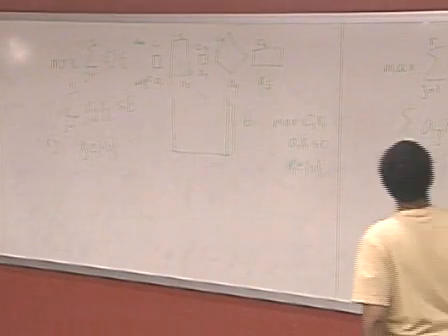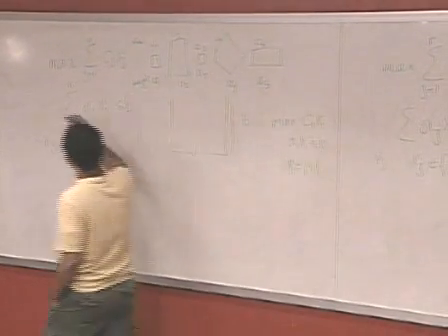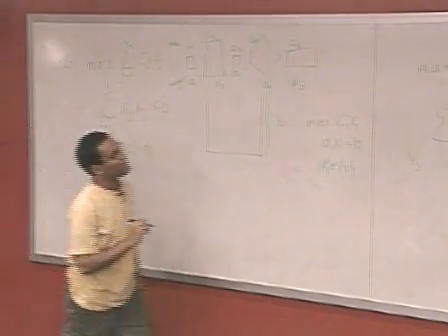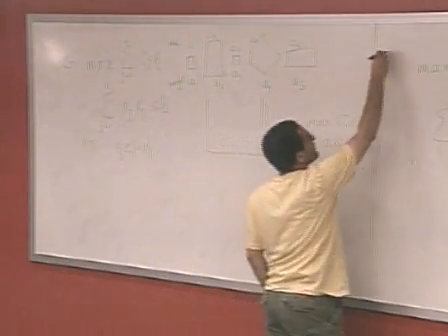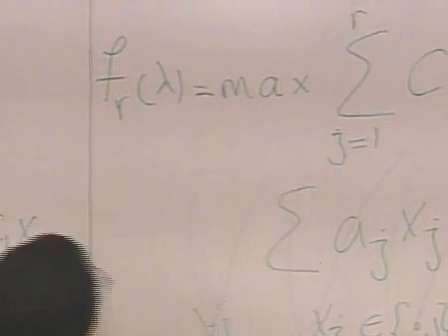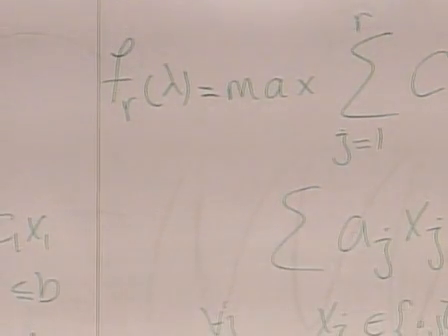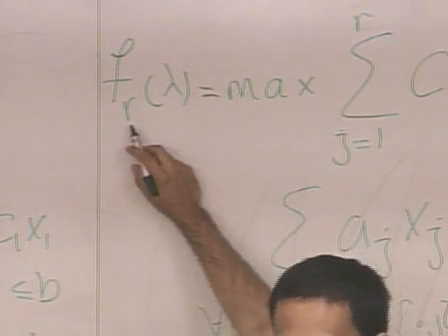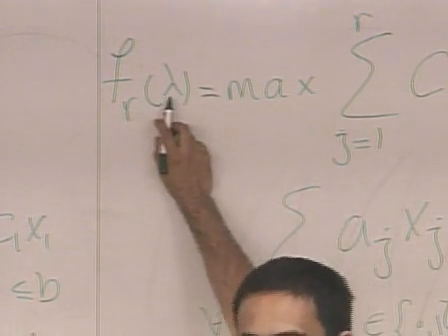So just some notation, we call this value z, as always. And this one we'll call fr lambda. So fr lambda would refer to a problem of a knapsack which we want to put r items in, and we have capacity of lambda.